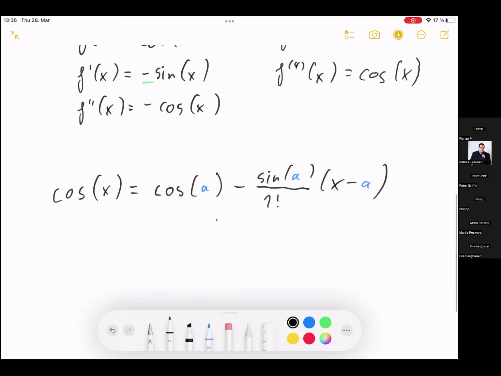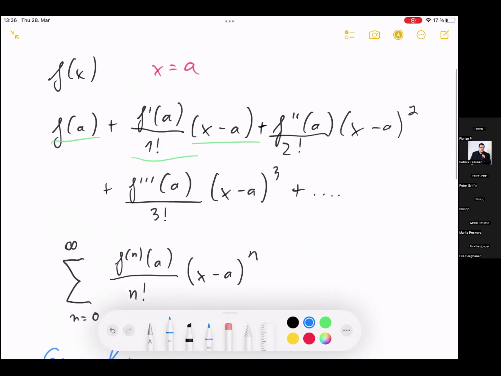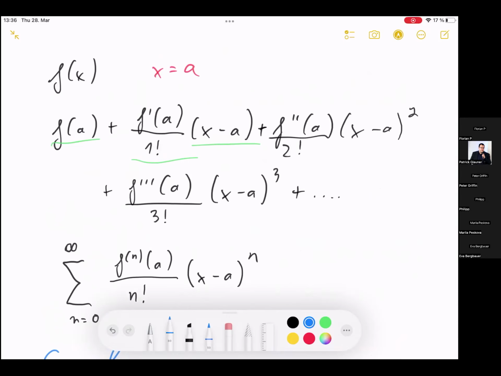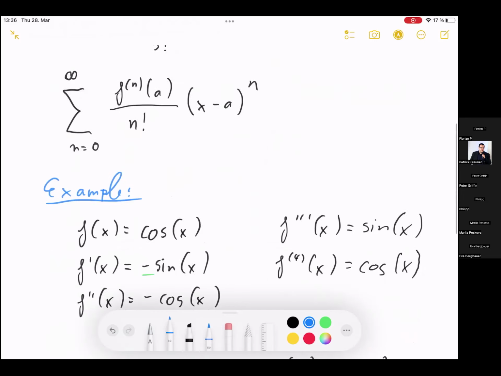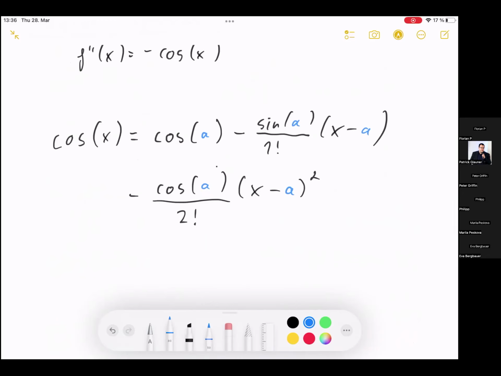Then the next order derivative part is minus cosine at a divided by 2 factorial times x minus a squared. In the slides, I do this up to the fourth order, but here I need to write it out, so we'll keep it to the second order derivative.